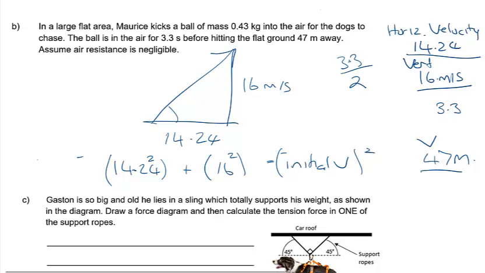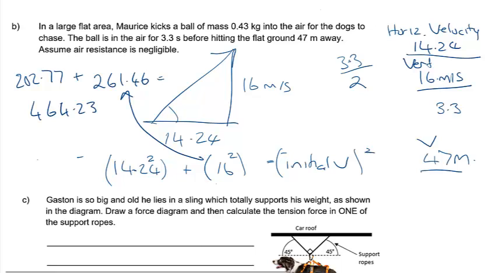So 16 squared is 261.46. 14.24 squared is 202.77. Plus that equals 464.23.